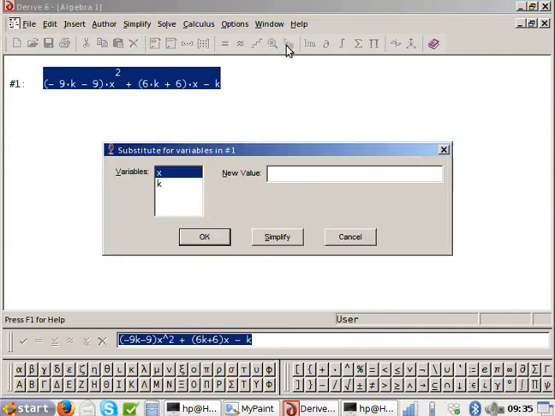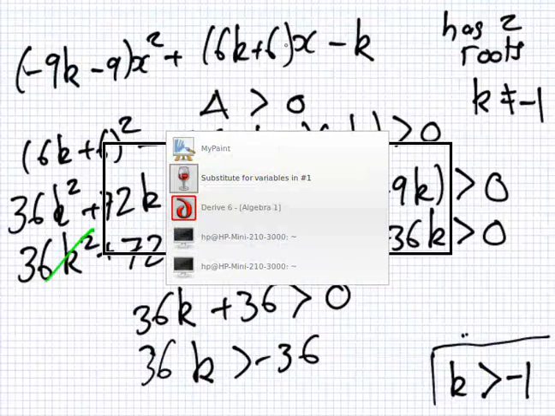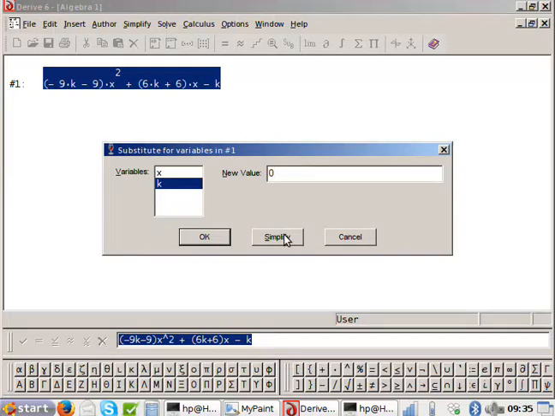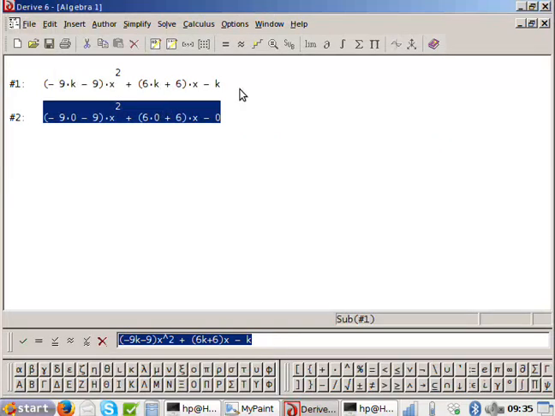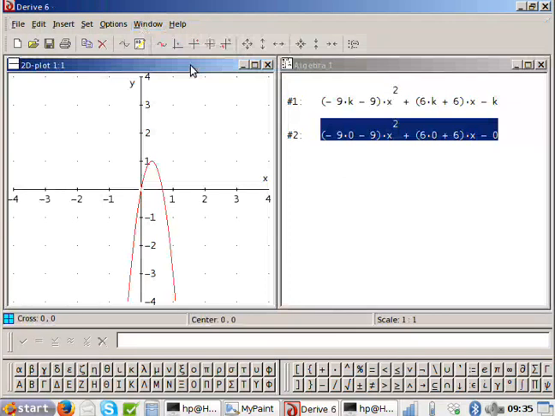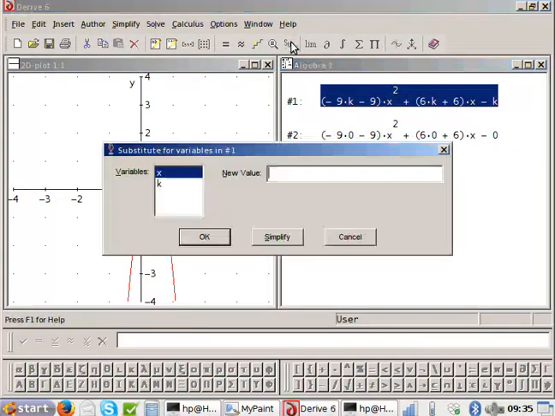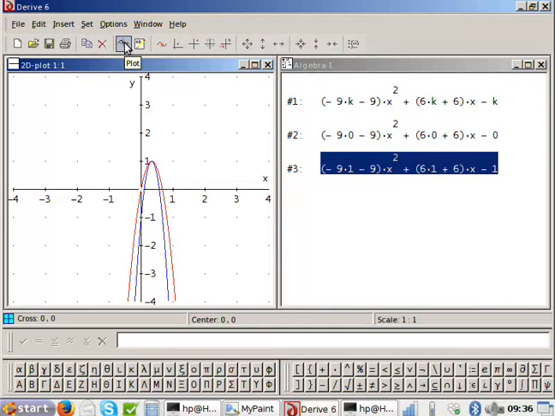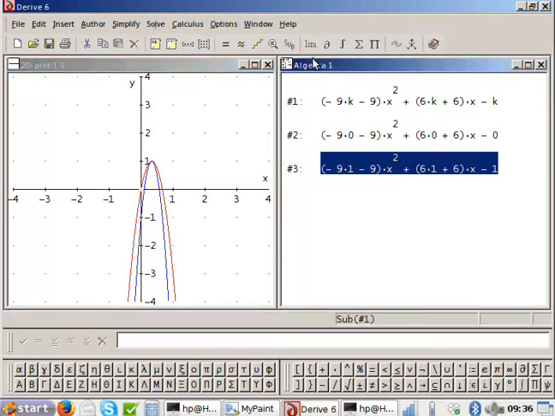Minus 9k minus 9x squared plus 6k plus 6x minus k has two roots. Maybe we'll just lower this switch. No, that's worse. Well, don't touch it.